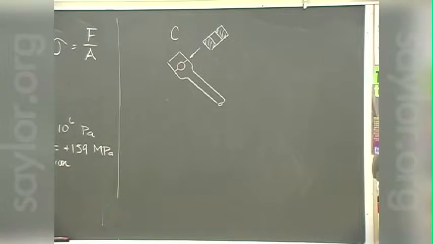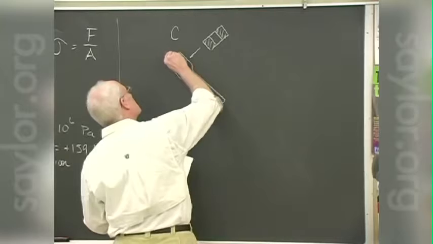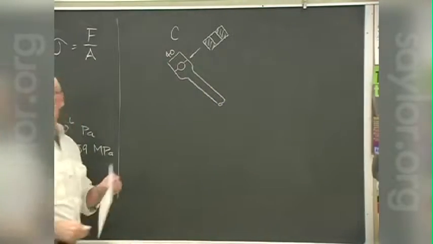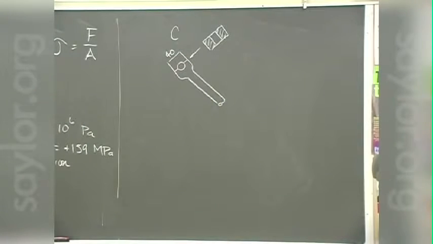But now the area that's withstanding that load has changed. I think this is 40 millimeters across there, is that right? And the diameter of the pin, because that's also the diameter of the hole through that piece.